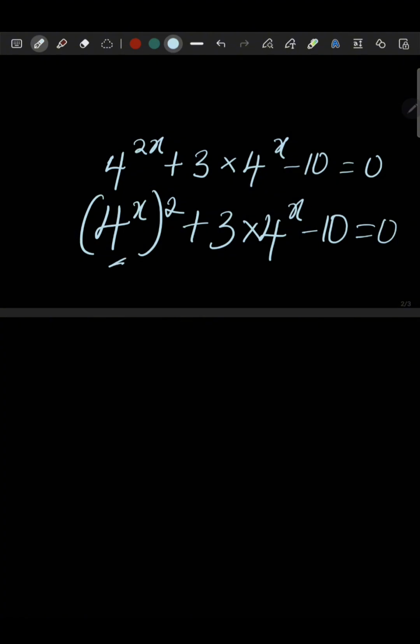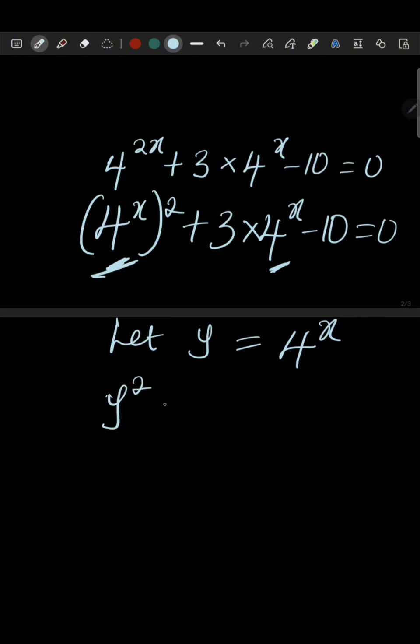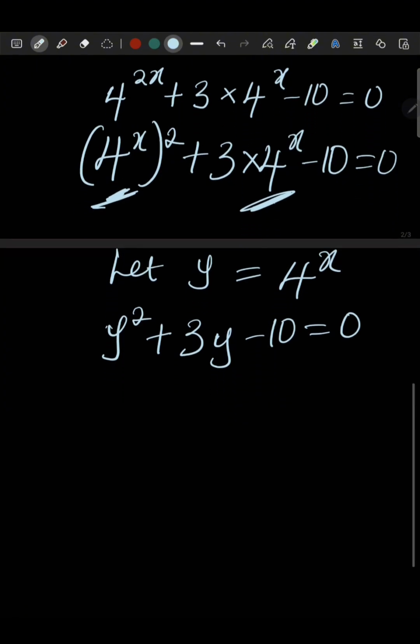So the essence of doing this is to get this 4 to the power of x and this 4 to the power of x. Now you can say let y represent 4 to the power of x. If that is so, we can have y to the power of 2 plus 3, look at this one again, replace it with y, minus 10 is equal to 0. This is now a quadratic equation that we have to solve.